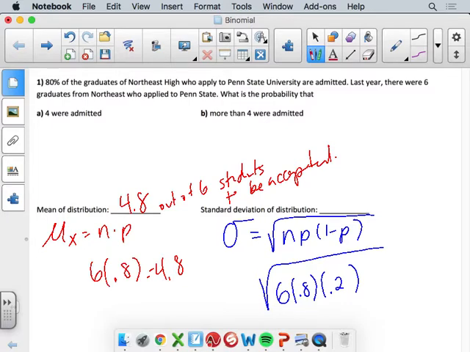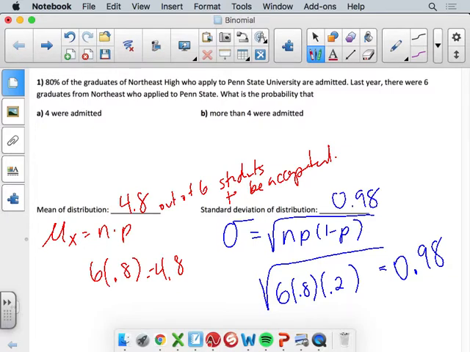So, number of trials, probability, the opposite probability. That gives us the typical spread around the mean, plus and minus the distance around there. The other day I got 0.98, hopefully. Mine was rounded. 0.98.